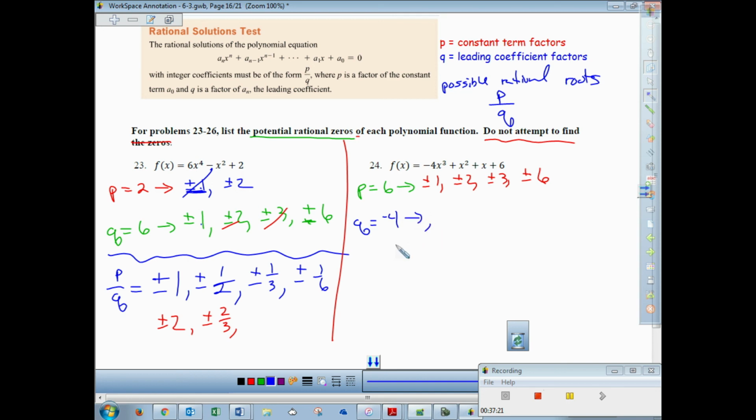So who cares that he's negative? It's the same concept, the plus or minus, all the multiples of 4. Plus or minus 1, plus or minus 2, and plus or minus 4. And the more you have, the more repeat stuff ends up happening when you do your P over Q, like a lot of stuff you'll have done already. But is everyone cool with all the multiples of P, all the multiples of Q, right?